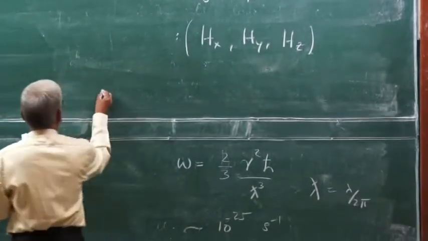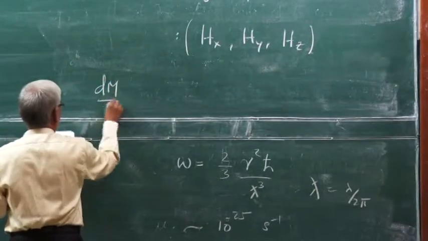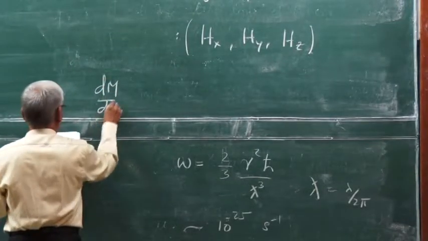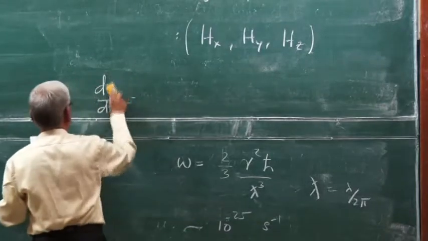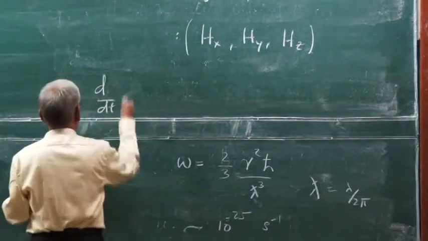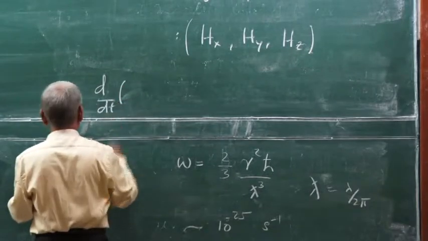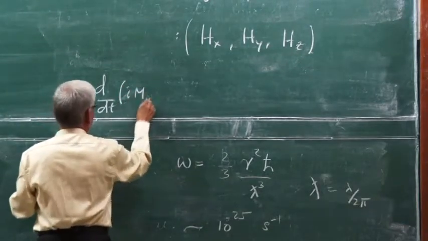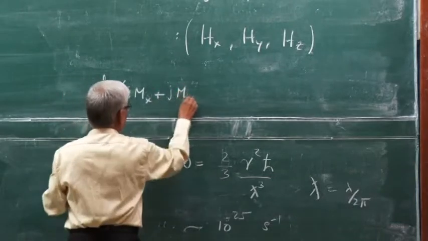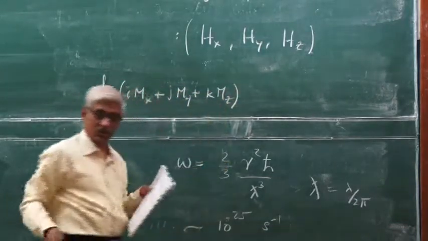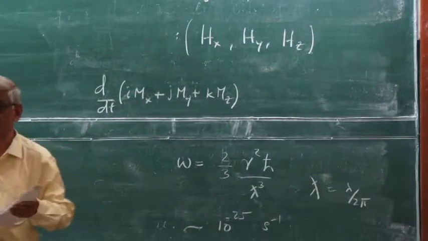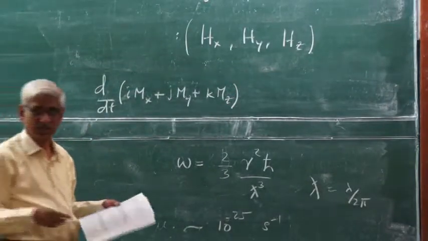So what will be dM/dt? Okay, so let's write this explicitly now. d/dt of i Mx plus j My plus k Mz. What are the i, j, k? Unit vectors along the x, y, z directions.